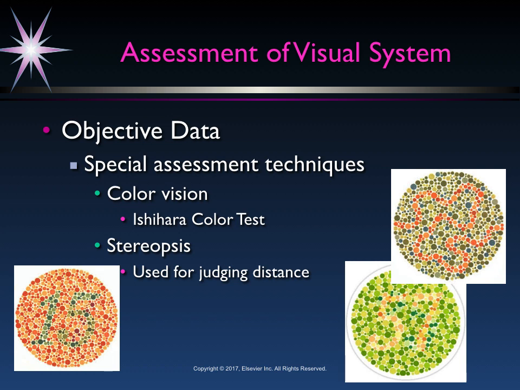The one picture in the upper right-hand side, usually when we look at that, they'll actually ask the person to follow the design, the line of orange dots to show that they can see it. Otherwise, they'll just say, what do you see? And if you see the number 15 or you see the number 57, you just say that that's what you're seeing, and that tells them that you have color discrimination.